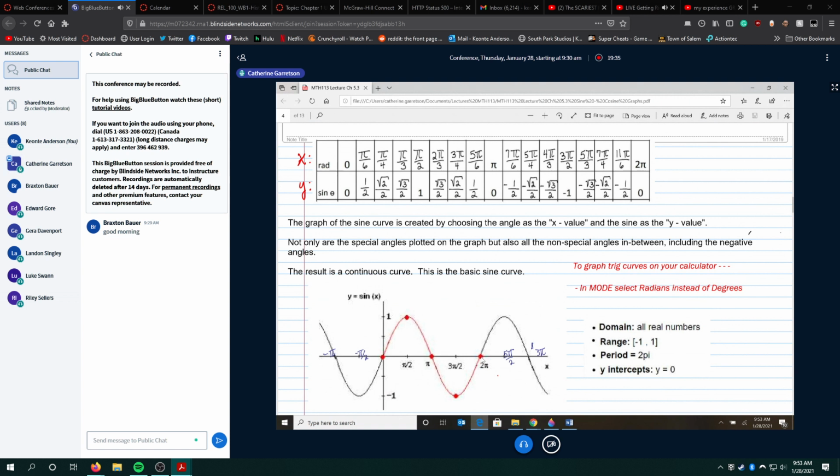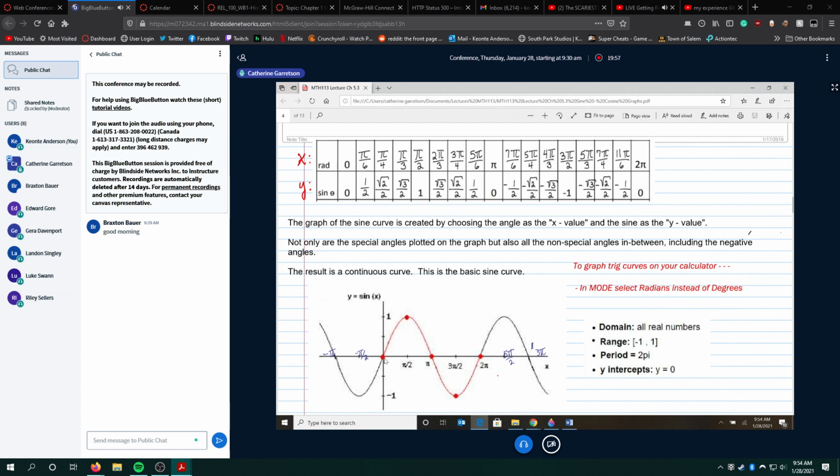So if I wanted to think in terms of y-intercept, the sine curve is a function, so it's only going to have one point where it crosses the y-axis, and that would be at the origin. So you've got one y-intercept. But now your x-intercepts, very, very many.